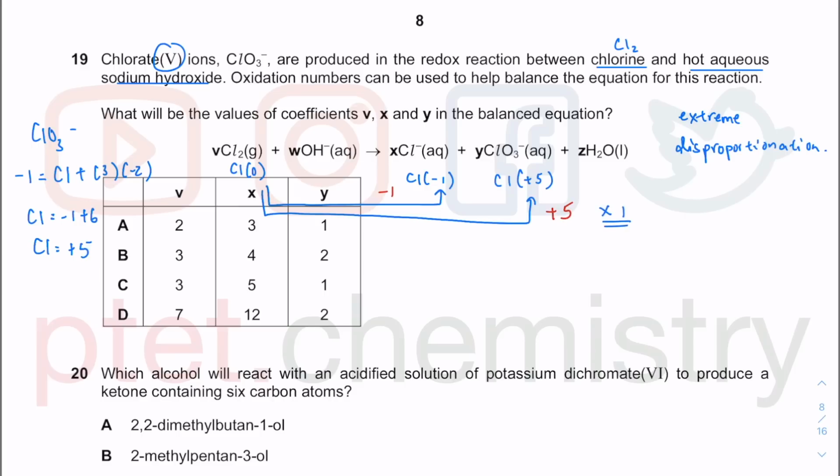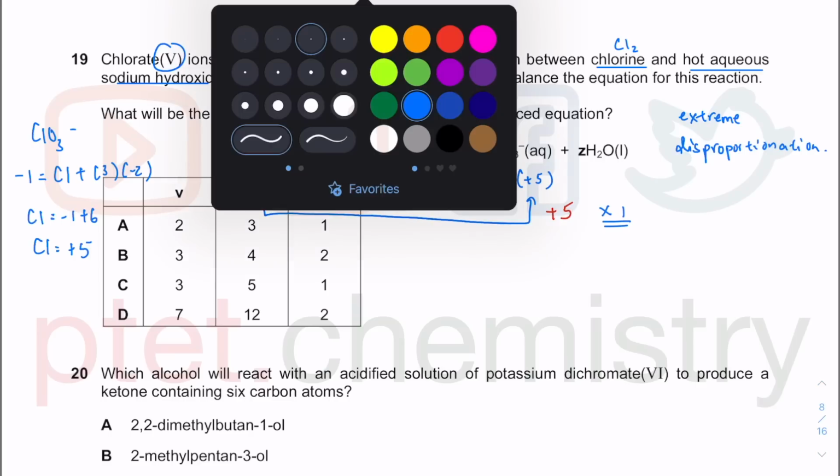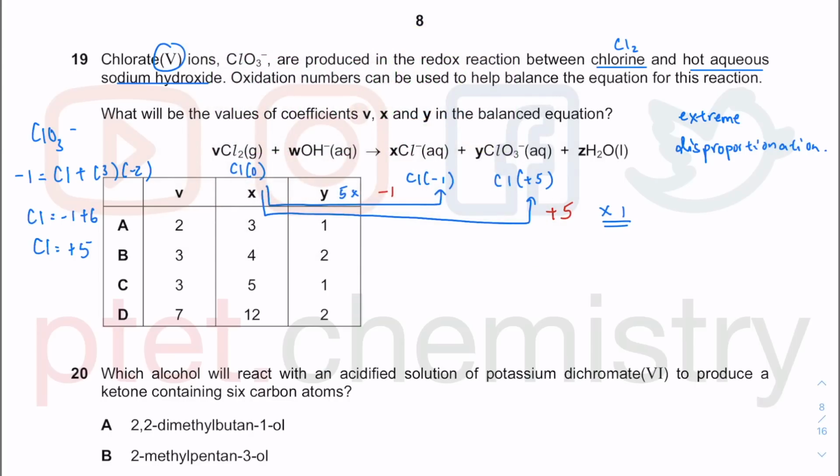This multiplied by 1, this one multiplied by 5, so that I'm going to have just 1 of these and 5 of these. If x is equal to 5, then it's going to be that, and y is 1. Having said that, 5 chlorine, if you count just the chlorine atoms, and 1 chlorine, that's going to give you 6 chlorine atoms. But I have a chlorine molecule, that is why I have 3 in front, because 3 times 2 gives me 6 chlorine atoms.